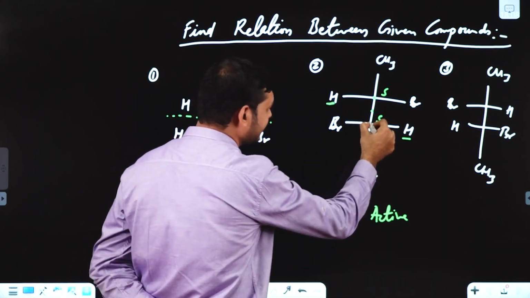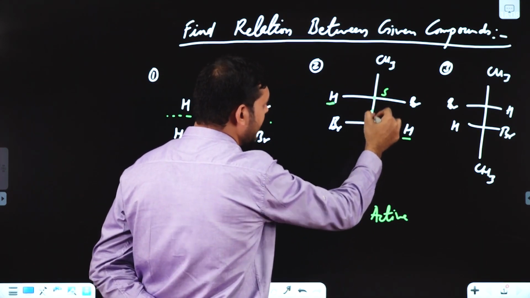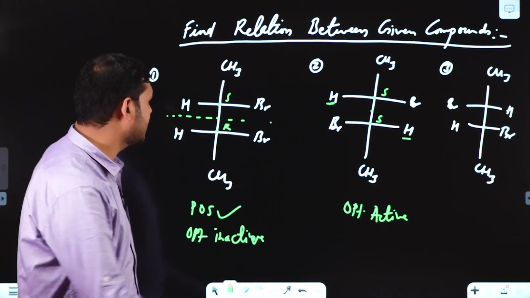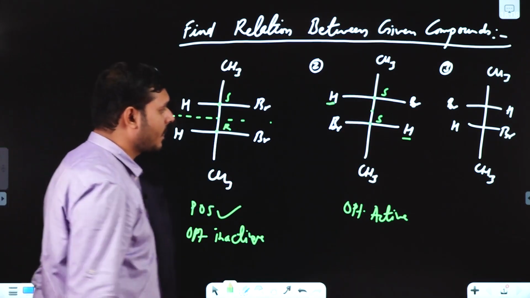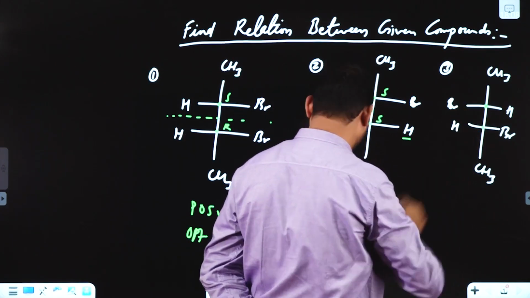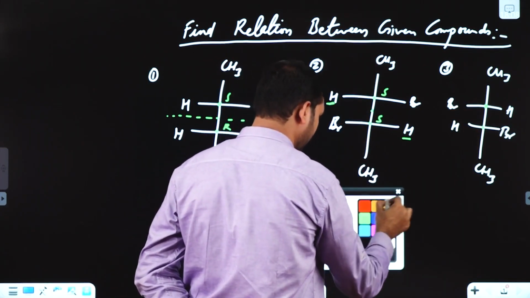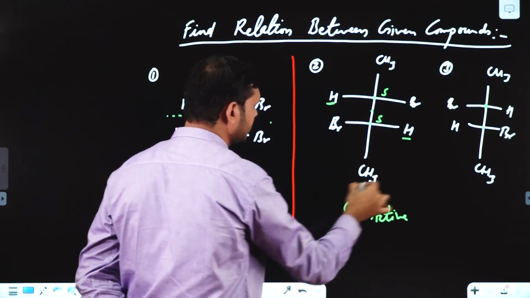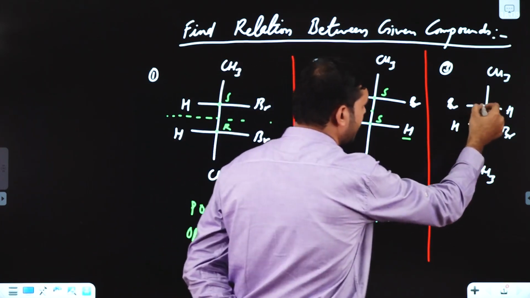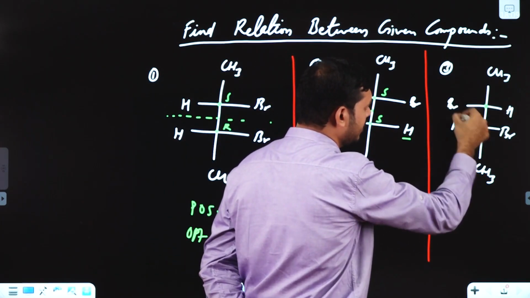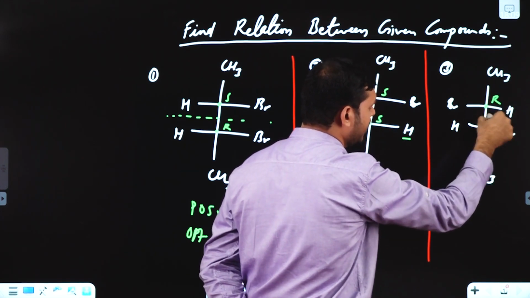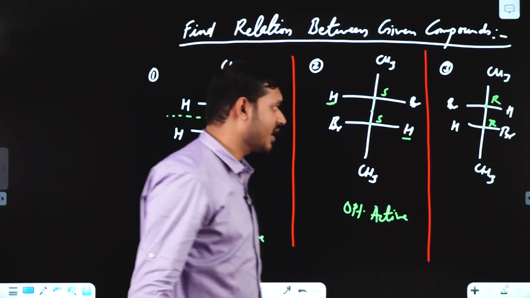Now if I check this one, this is 1, 2, 3, 4, 2,3-dibromobutane. This is also 2,3-dibromobutane. Now check this one, from this bromine, anti-clockwise, so reverse clock, R, and this anti-reverse clock, so it has RR configuration.